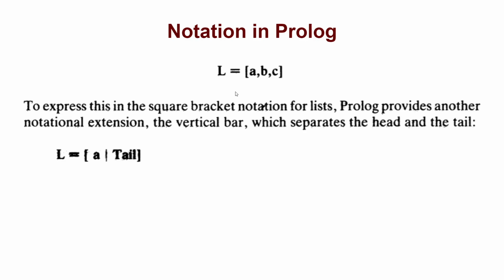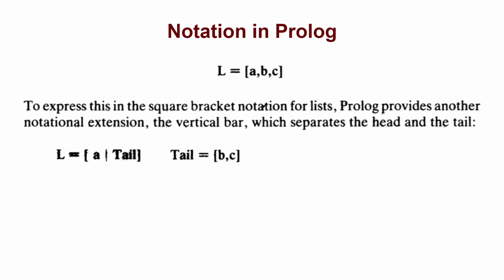Prolog provides us another very powerful notation to separate the head of the list from the tail of the list, and this is with the vertical bar operator. This vertical bar symbol separates the head of the list, that is A, from the tail of the list. This is another way to represent the list A, B, C, saying that A is the head of the list and the tail is the remaining list. And of course the tail is B, C.